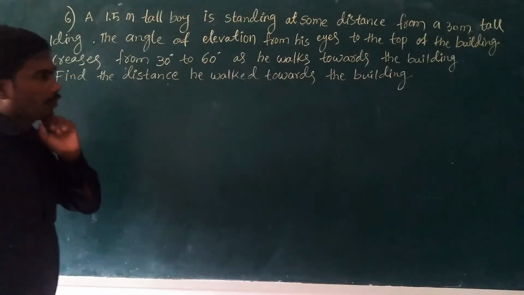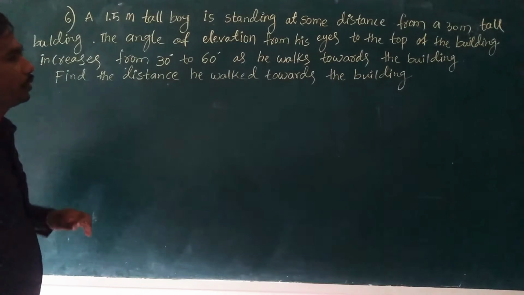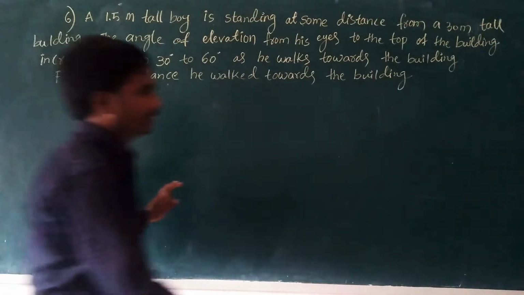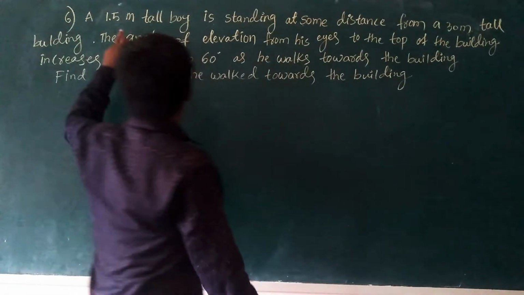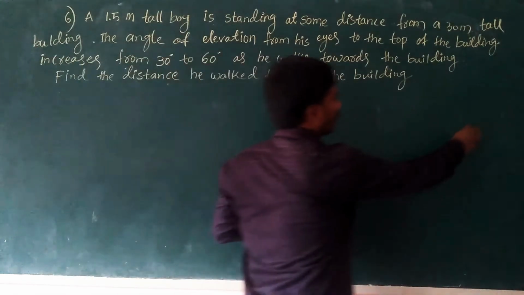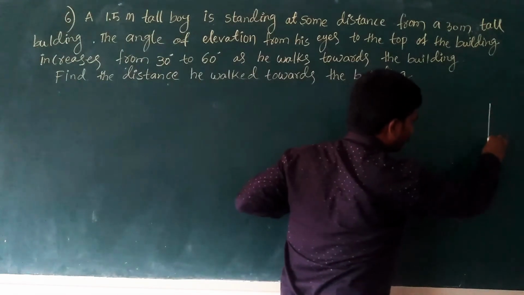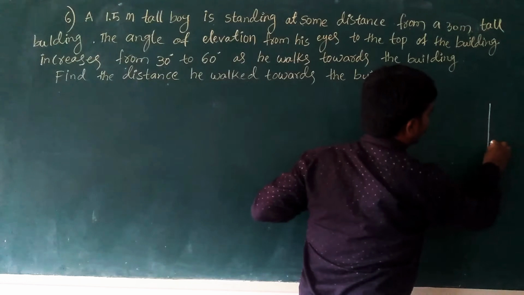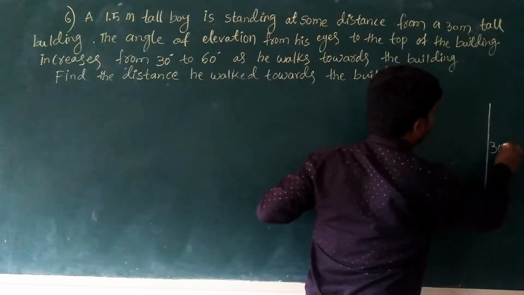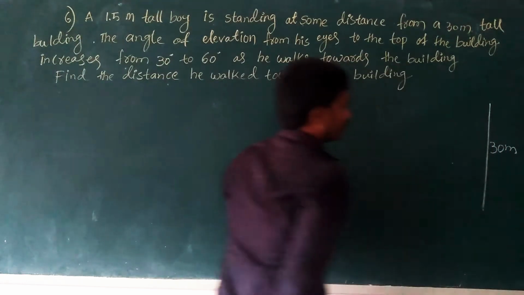That is our problem. First, we have to draw a diagram. What is the height of the building? 30 meters.